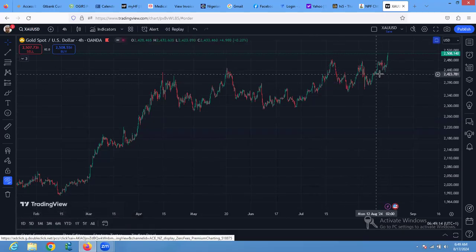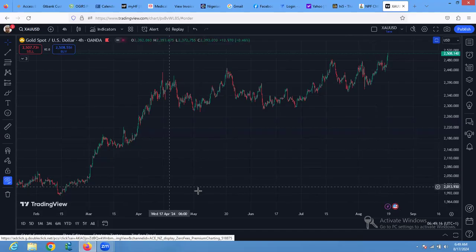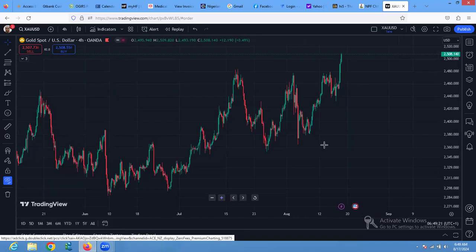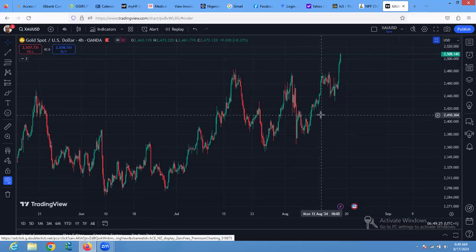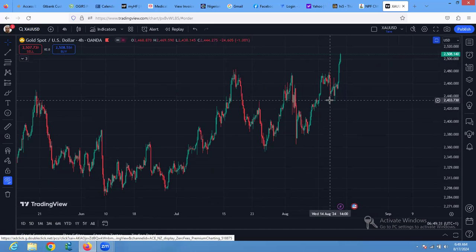In the immediate, if you're on this trade right from this low, where we don't want gold to break is around this area. If we are really going up, gold cannot come and take 2432 anymore.